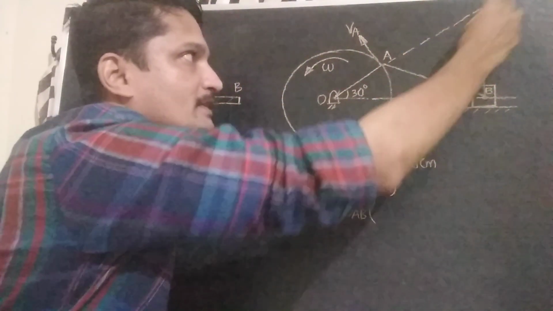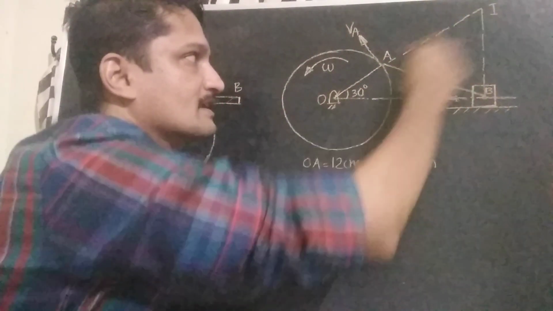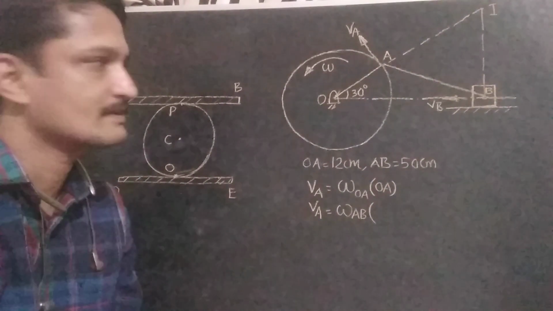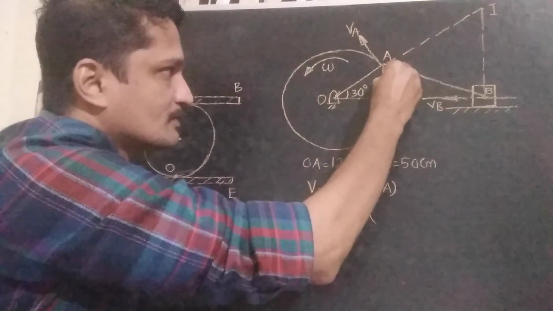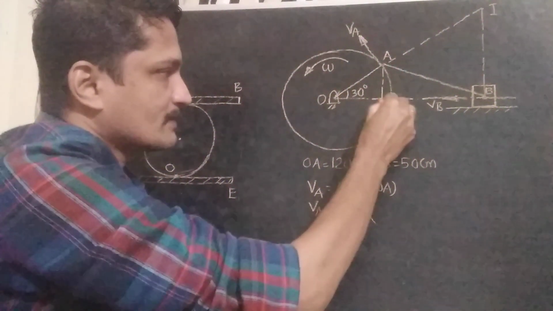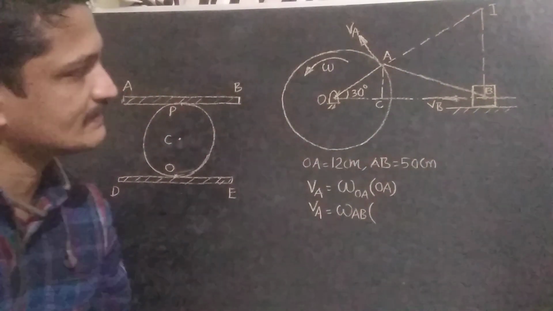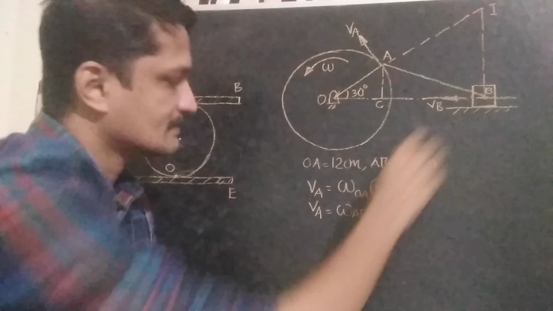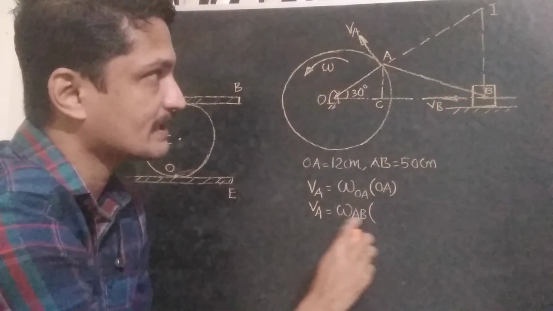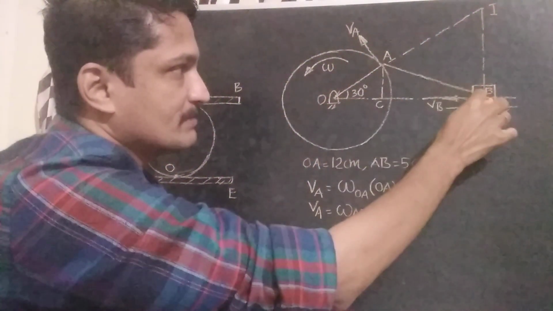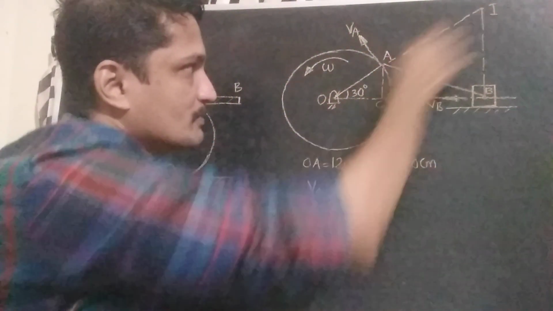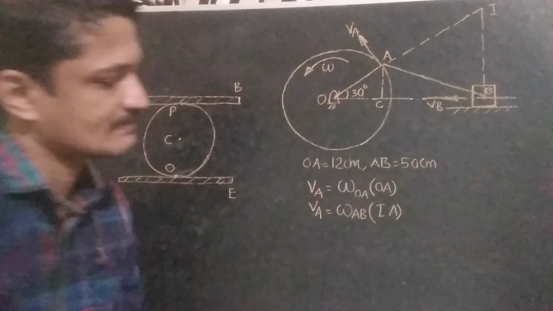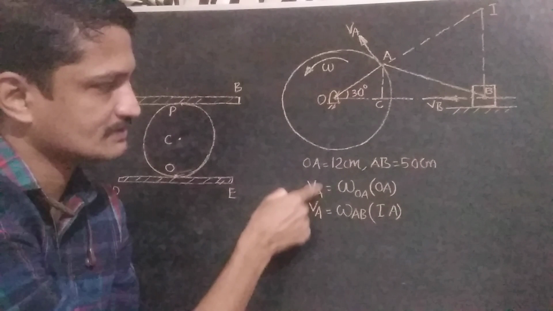Then we find the intersecting point of these lines, and this point will become the instantaneous center I. Next, we draw a line like this and find point C. And VA is equal to omega AB into IA. We can equate these two.